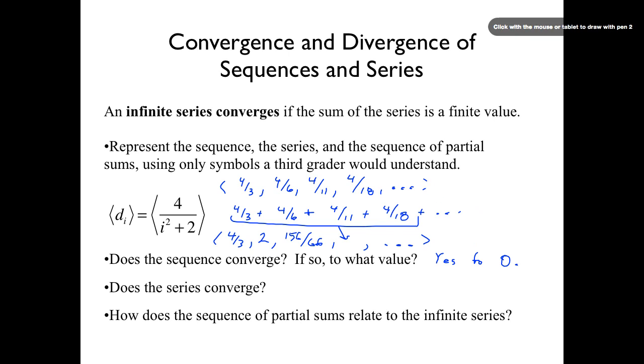So when i gets big enough, the terms of our sequence are going to be indistinguishable from 0. So then eventually we're adding a really small value, or essentially 0, over and over again. Will the series converge? Okay, you're saying yes.